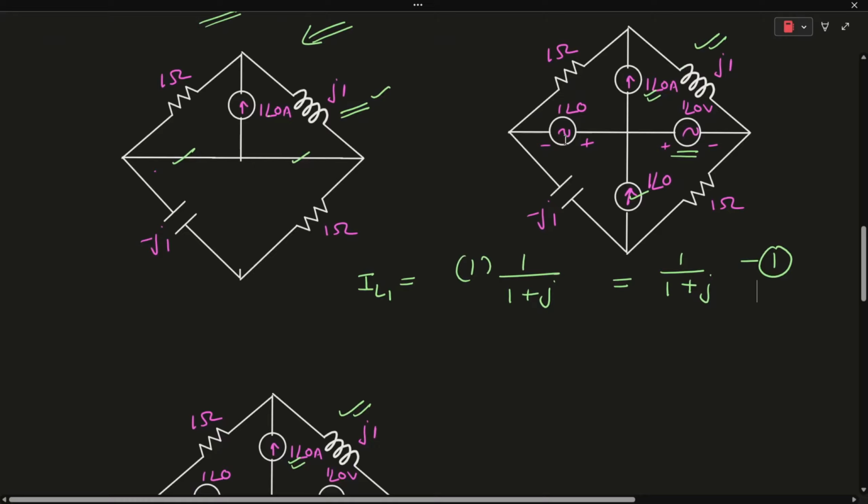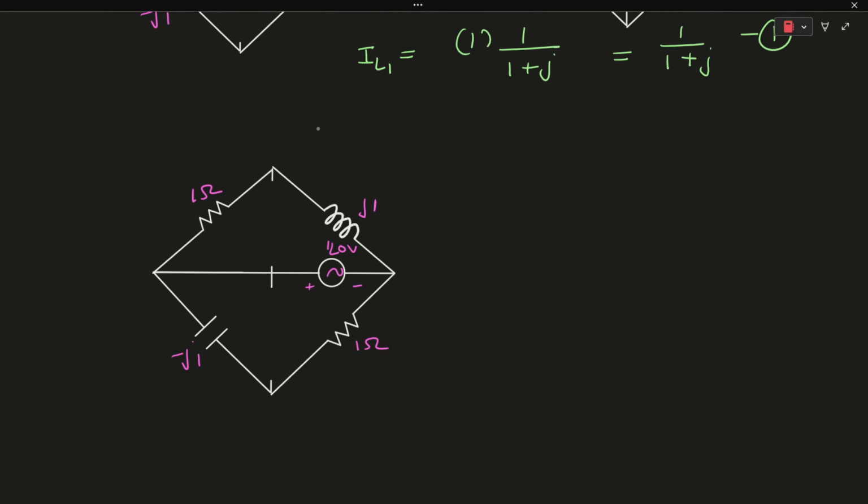Again, on applying the superposition principle and considering this voltage source, we get this simplified version of the above circuit. We have open circuited the current sources and short circuited the other voltage source. Now the current flowing through this inductor, let's say IL2, will be equal to 1 upon the total impedance, which is 1 plus j. Let's say this is your second equation.